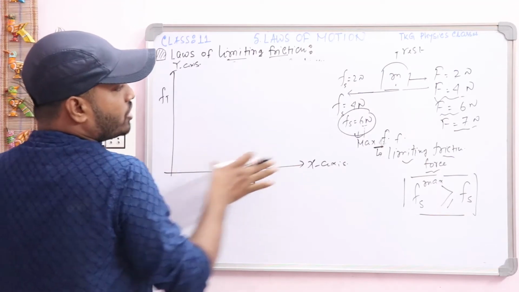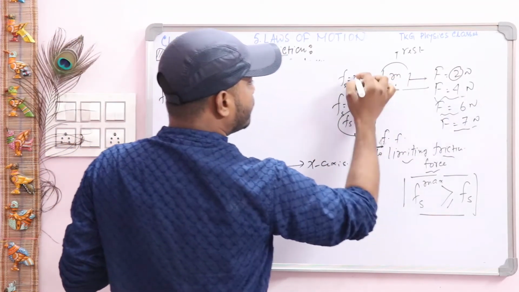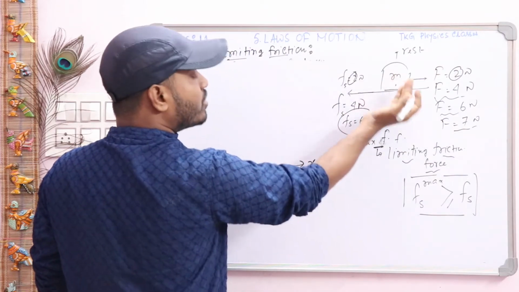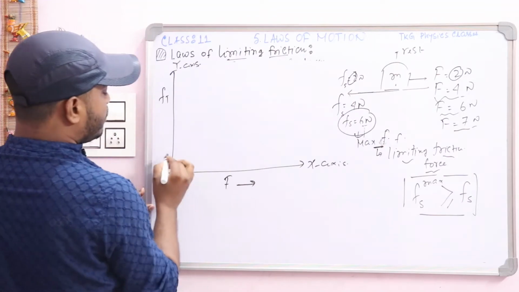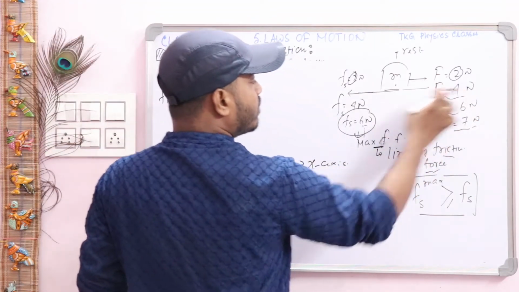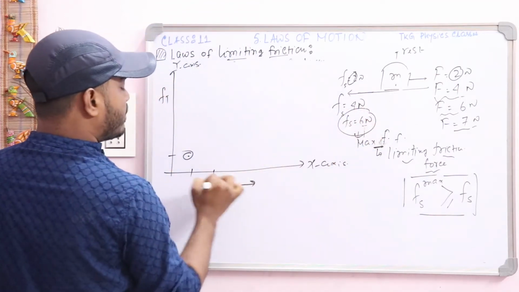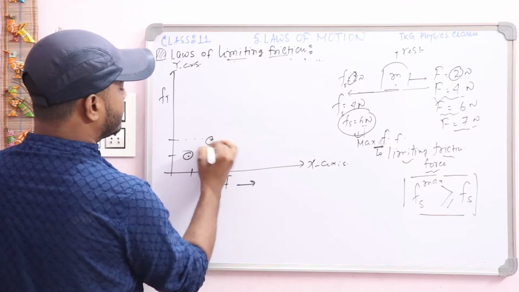In the general condition, when applied force is 2, frictional force is 2; the frictional force is adjusted according to the applied force. Applied force 4, frictional force 4. So this is the point.